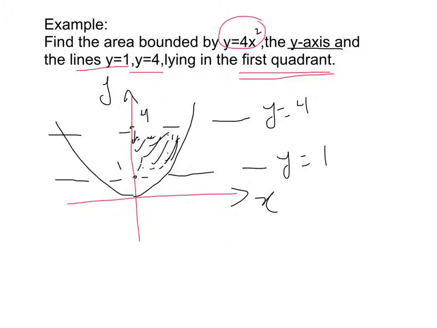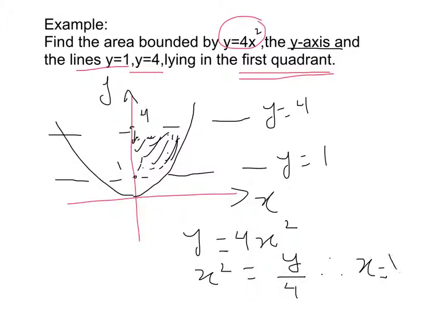As we said in the previous slide, you need to make x the subject, in terms of y. So the first thing you'll be doing here, saying y equal 4x squared, so x squared will be equal to y over 4. Therefore, x would be equal to square root y over 2.